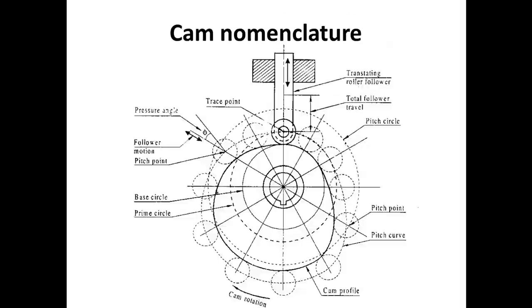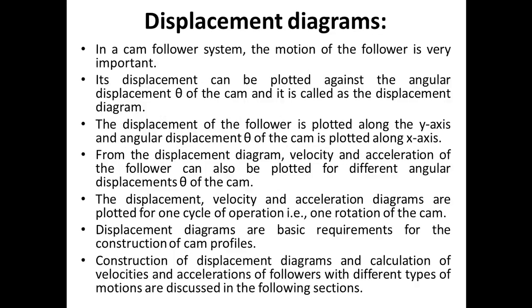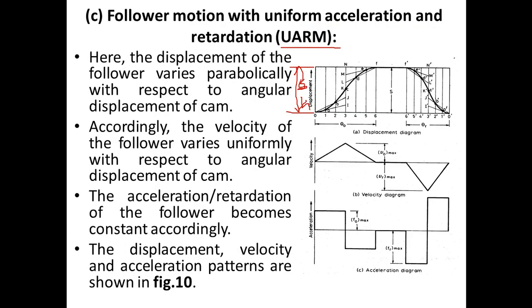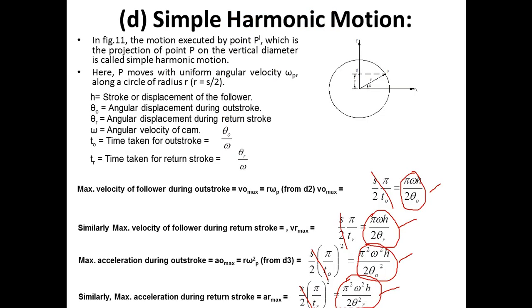I will solve these 4 types of problems, and you have to practice them. The motion can be anything, URM or SHM, whatever is in the question, but the cam profile you need to draw according to the follower in the exam.